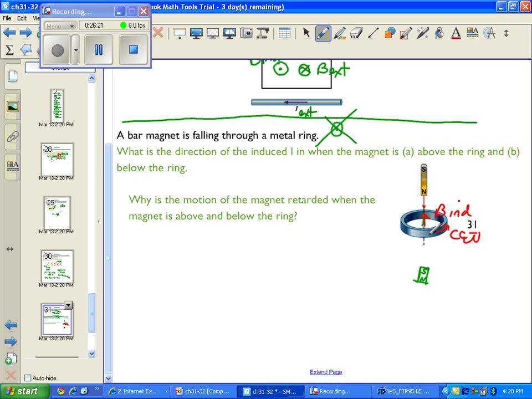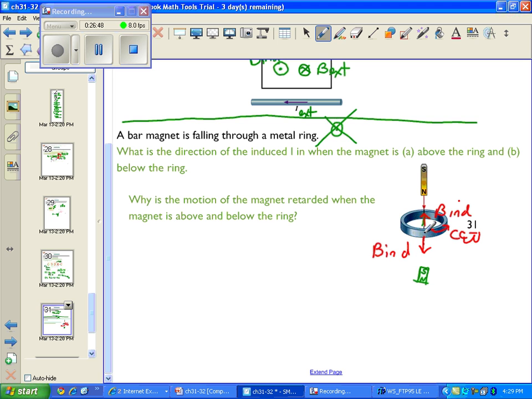When the magnet has fallen below the ring, then of course what the ring sees is that the external field is getting weaker, and so it tries to line up with the external field by producing an induced magnetic field with its north pole closest to the south pole of the external field, in other words, to try to attract it back.